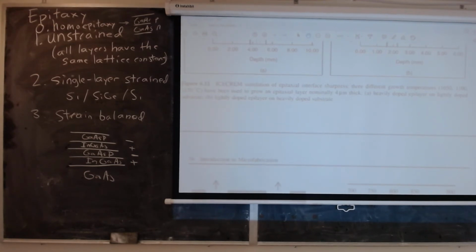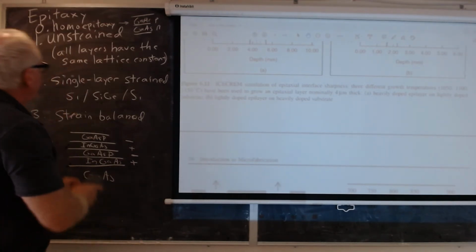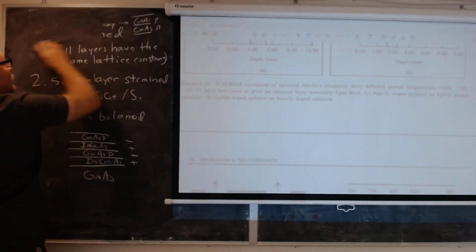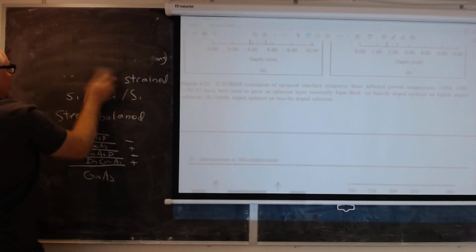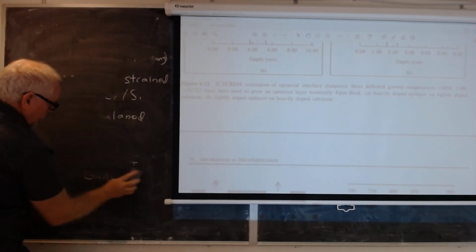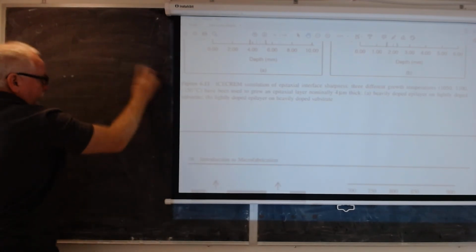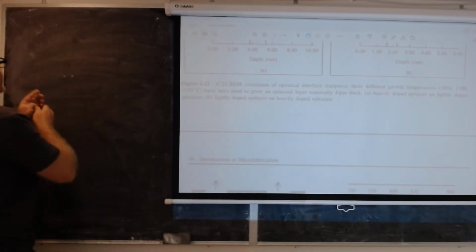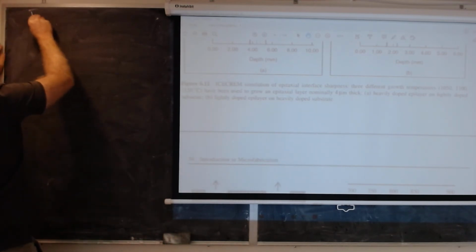we're moving forward to starting to pattern devices, and so basically what we've learned are things like how to put down layers. Okay, we've learned layers.